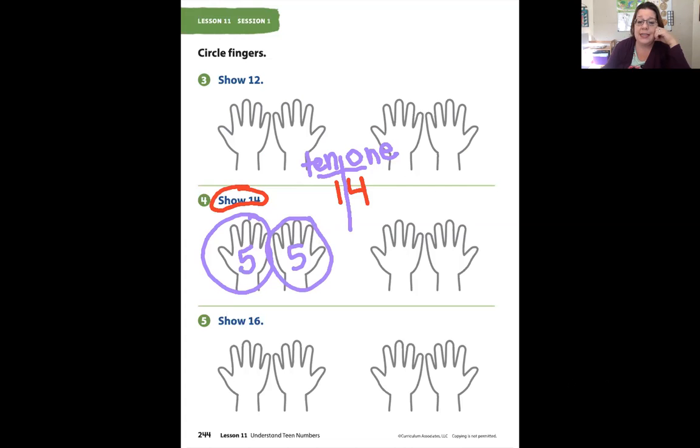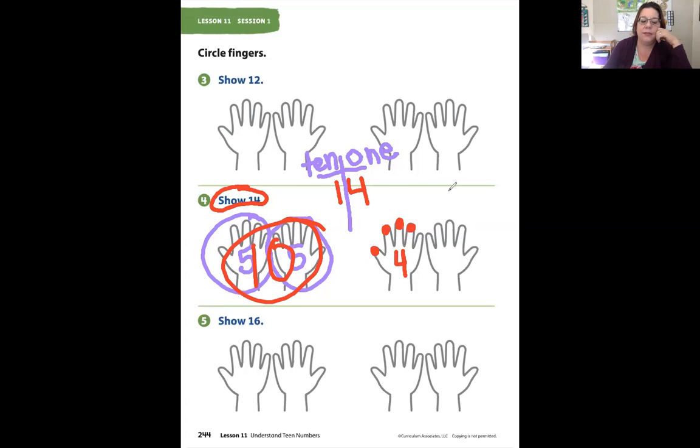So I did not need to do 5 and 5. I could have just circled the whole thing and written 10, right? So here I have 10. That is my one group of 10. It says I have 4 ones. 1, 2, 3, 4. So I have 4 ones there.